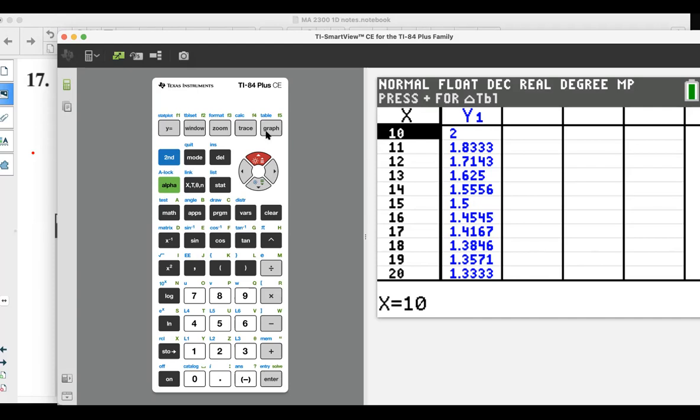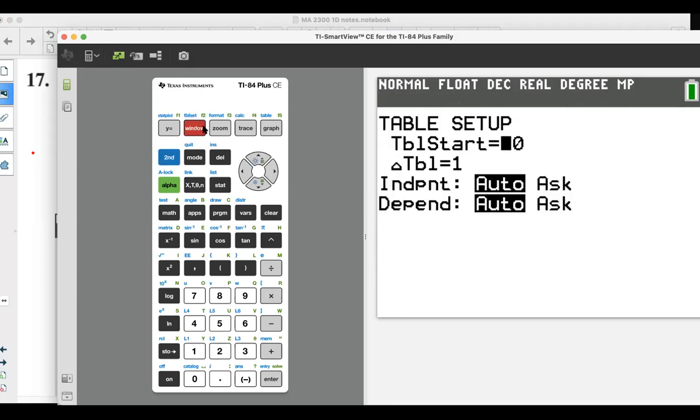So right now, what I'm showing you is the typical way to see that table of values. But guess what? Do you see table set? This is true for both the TI-83 and TI-84. The table set, I can access by second window. This is the setup or settings for my tables.